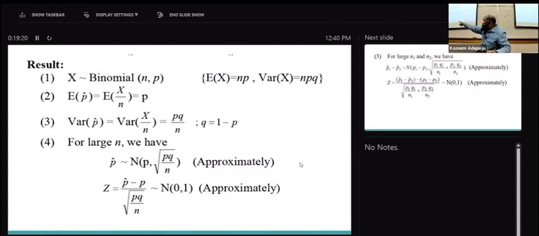Your z-score will be p cap, the sample proportion, minus the population proportion, divided by that. What do you think we're doing here? What we're actually doing is z equals p cap minus the mean of p, divided by the standard deviation of p. That's what we mean.